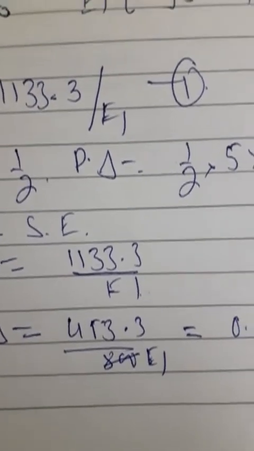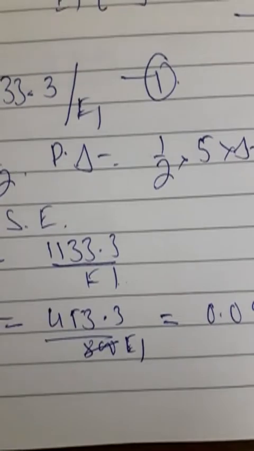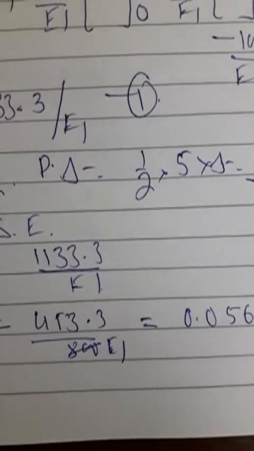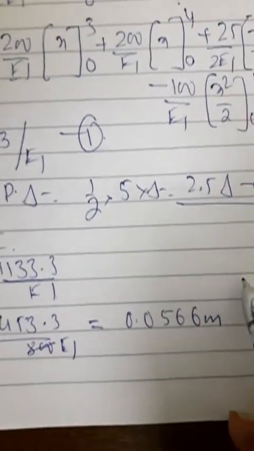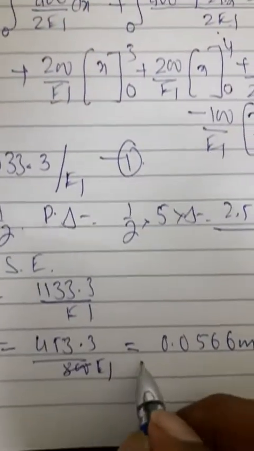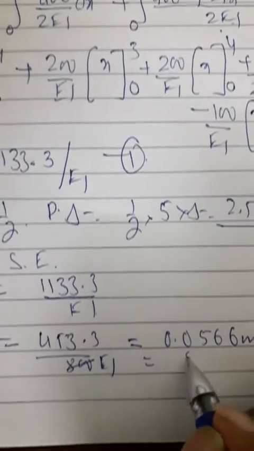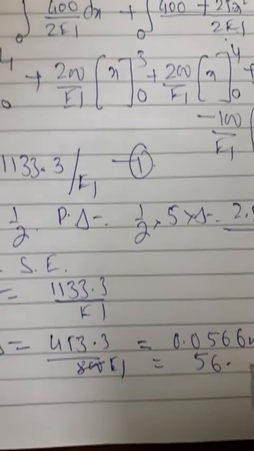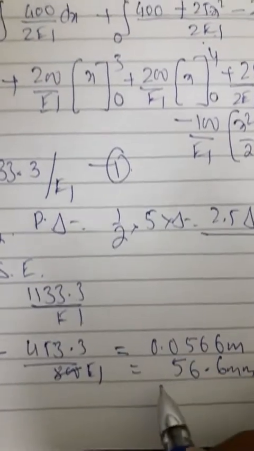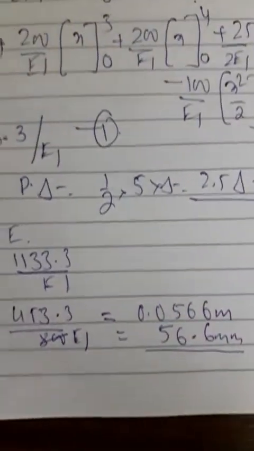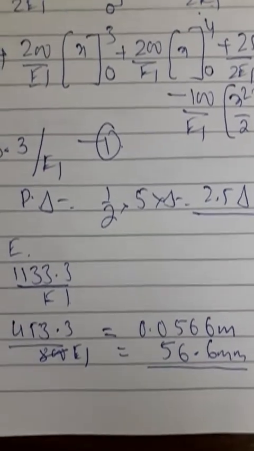EI is given as 8000 kilonewton meter square. Substitute the value as it is, you get 0.0566 meters, or you can convert into mm, 56.6 mm. So roller D is going to move by 56.6 mm. Thank you.